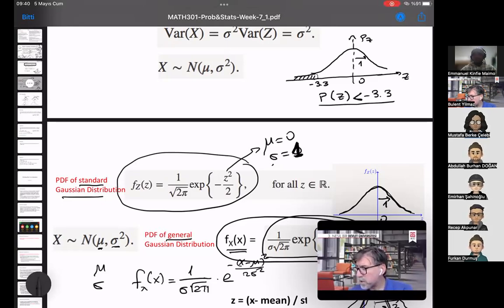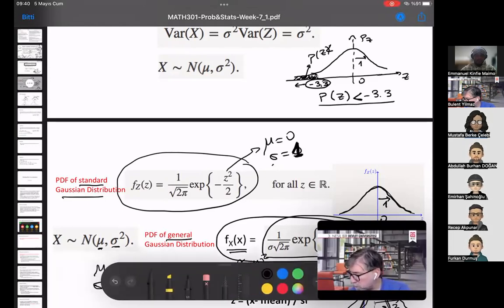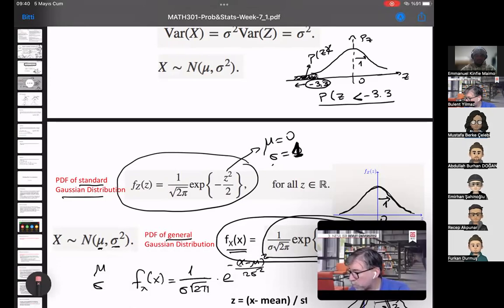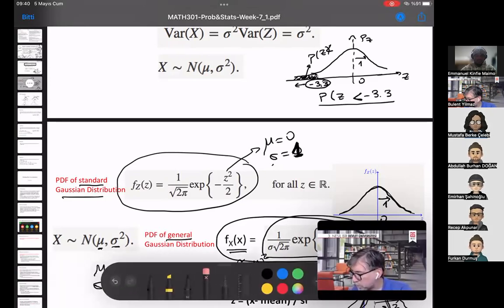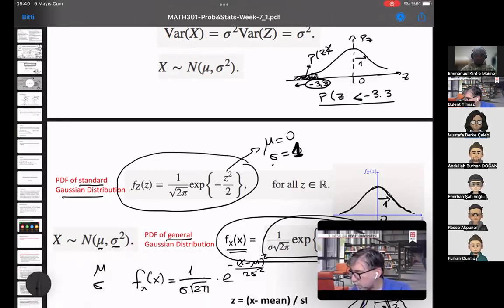So this is the area to the left of this number. This area corresponds to the probability of Z being less than or equal to minus 3.3.